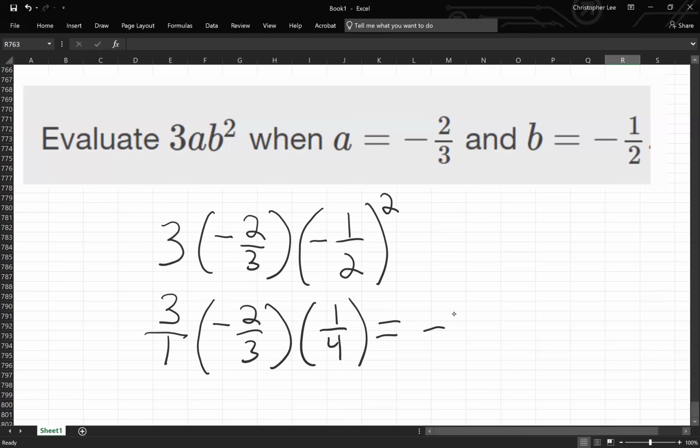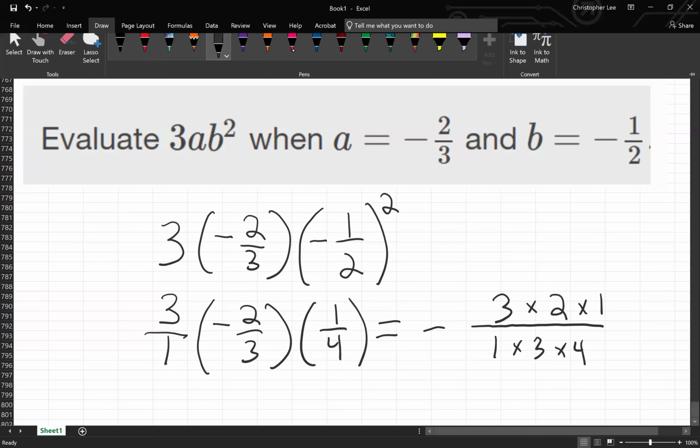And then how do we multiply fractions again? Straight across, right? So the top is going to be 3 times 2 times 1. And the bottom is going to be 1 times 3 times 4. Is there anything on the top and on the bottom that's the same? 1 and 3, right? So let me cross them out.